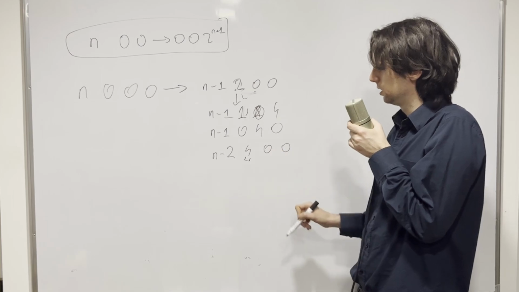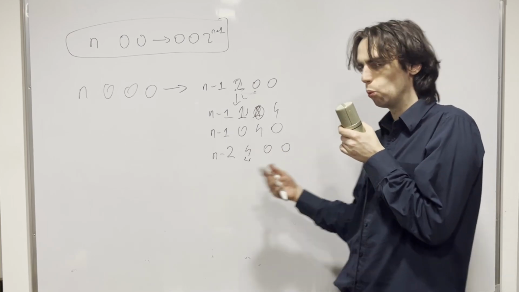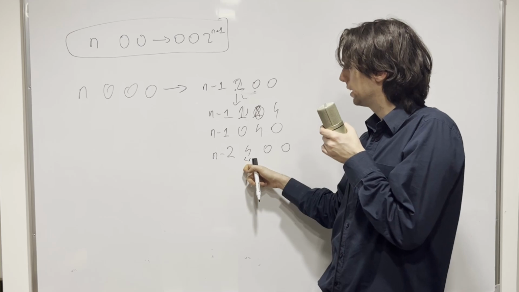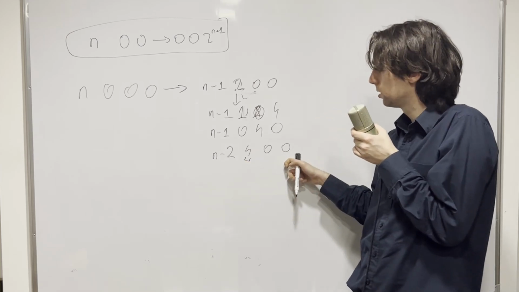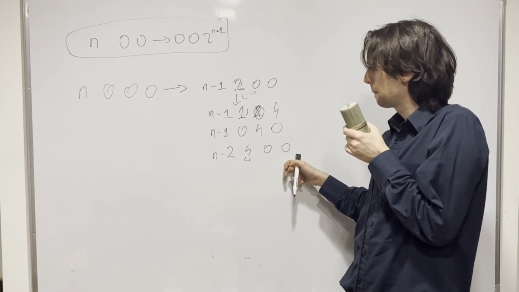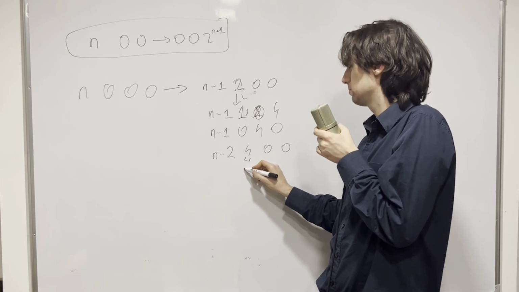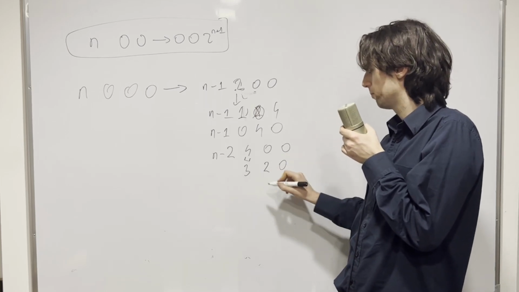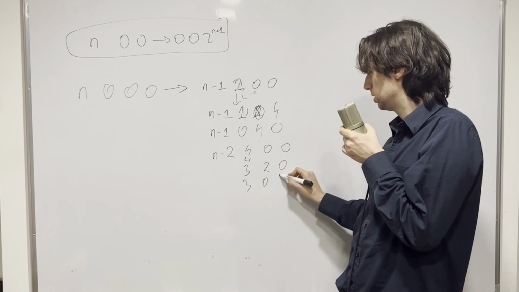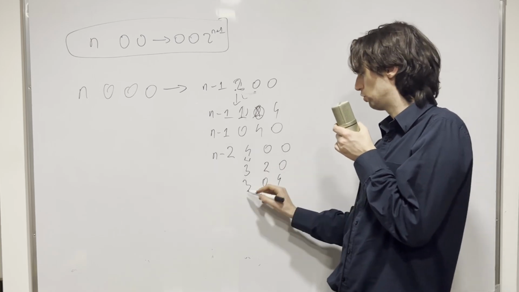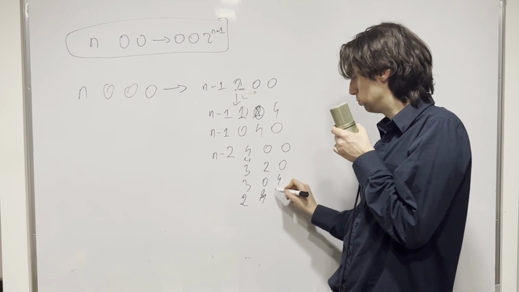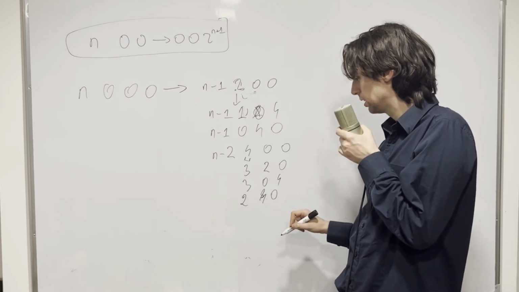Now this, I can say leave 1, and I can get from this like 4, 0, 0, I can get to, first I'll get to 3, 2, 0, then I'll get to 3, 0, 4, switch it around, I'll get to 2, 2, 4, 0, right?